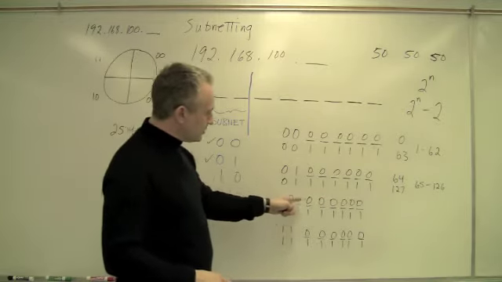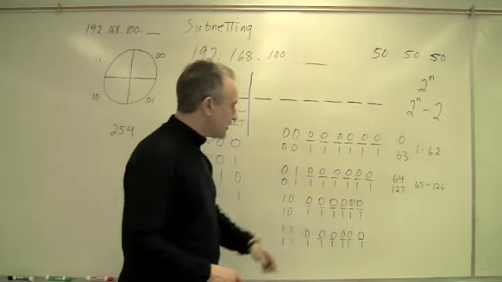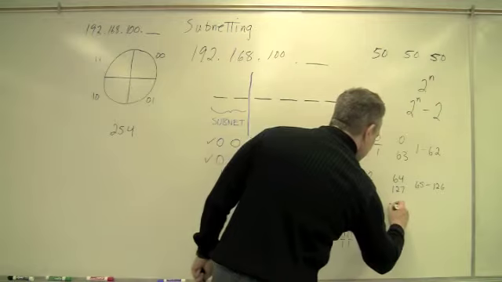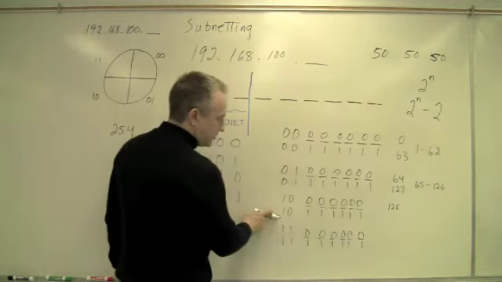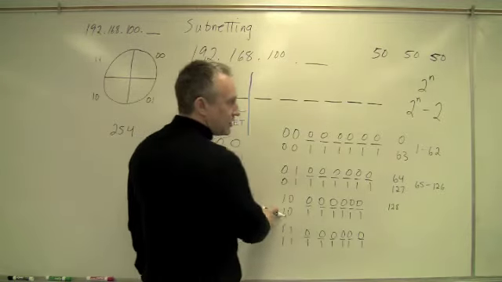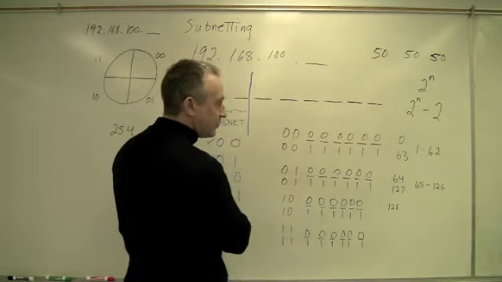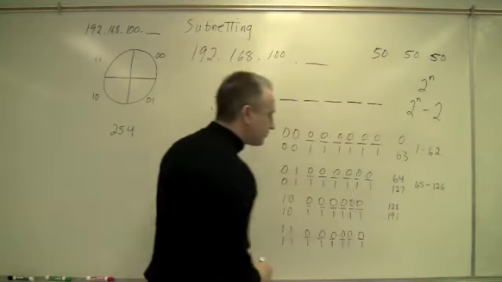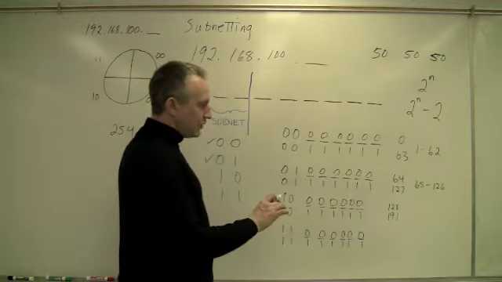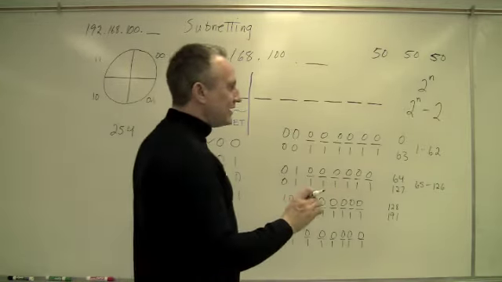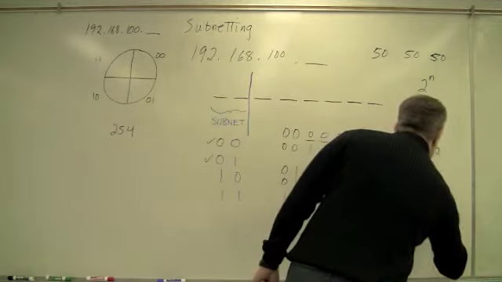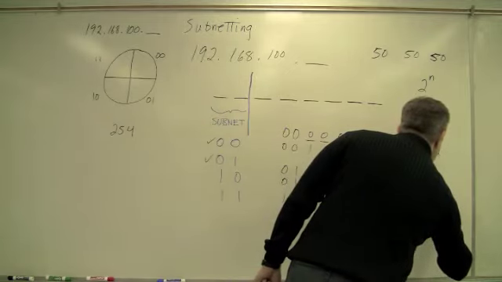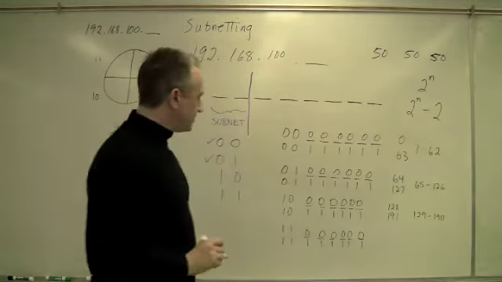Here, 10000000 is 128. This one down here is 192, or pardon me, 191. That leaves me 129 to 190 usable addresses.